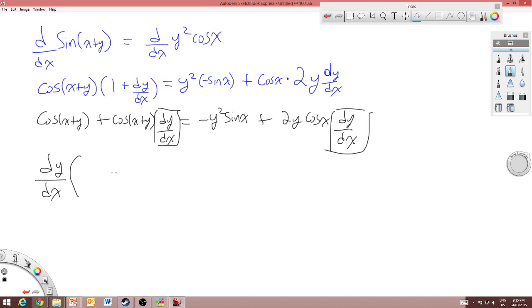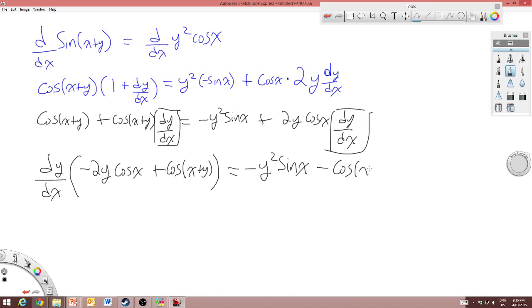So we'll be left with negative 2y cos x plus cos of x plus y. Notice I only factored out the dy dx, not the cosines. The cos of x plus y is going to get moved to the other side. So we'll have negative y squared times sine x minus cosine of x plus y. Okay.